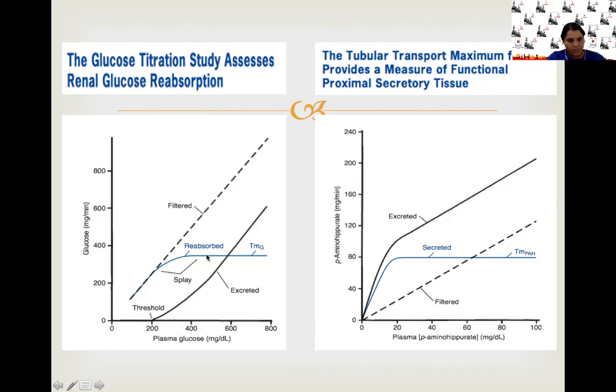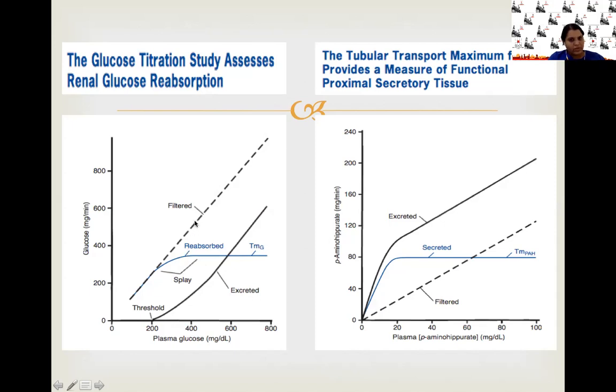At some point, this reabsorption capacity will reach a maximum, and this is called the tubular transport maximum for glucose, that is, TM maximum for glucose. This glucose threshold depends on the tubular transport maximum for glucose, the GFR, and the splay. Splay is nothing but the rounding off of the reabsorptive curve.